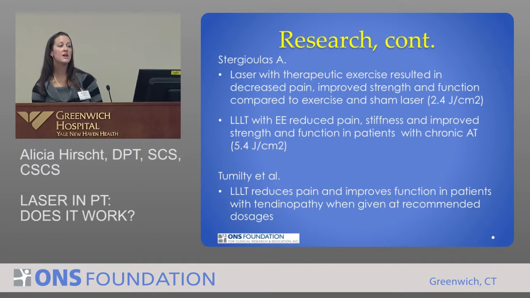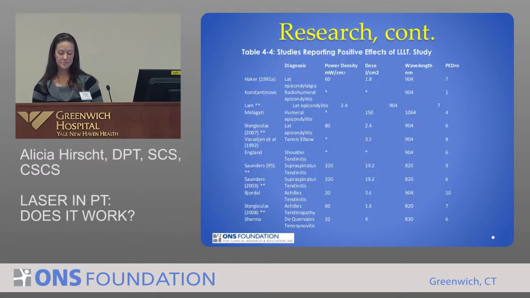Some of the studies have quite a lot of subjects, so they're stronger. Some of them are blinded, some of them are not. But essentially, low-level laser therapy has been established to reduce pain and improve function in primarily tennis elbow, Achilles tendinopathy, patellar tendinopathy, and rotator cuff tendinopathy.